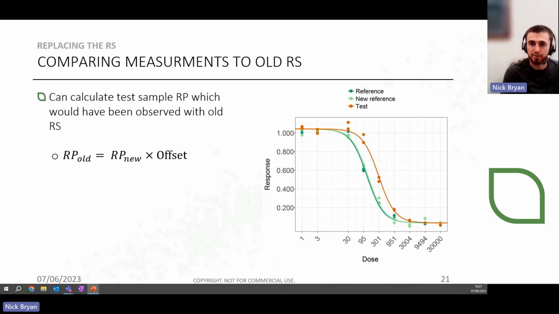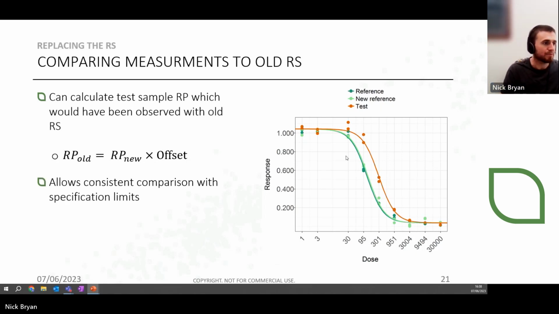That gives us the relative potency for our previous batch. So if you think about that first example we saw, if we only have that new reference standard, but we also have our offset value, then we could calculate the relative potency of the test sample to be 44%, and then use that offset value of 93%, which is the new reference standard in relation to the old reference standard, and we could calculate our relative potency of 41% with respect to the old reference standard.